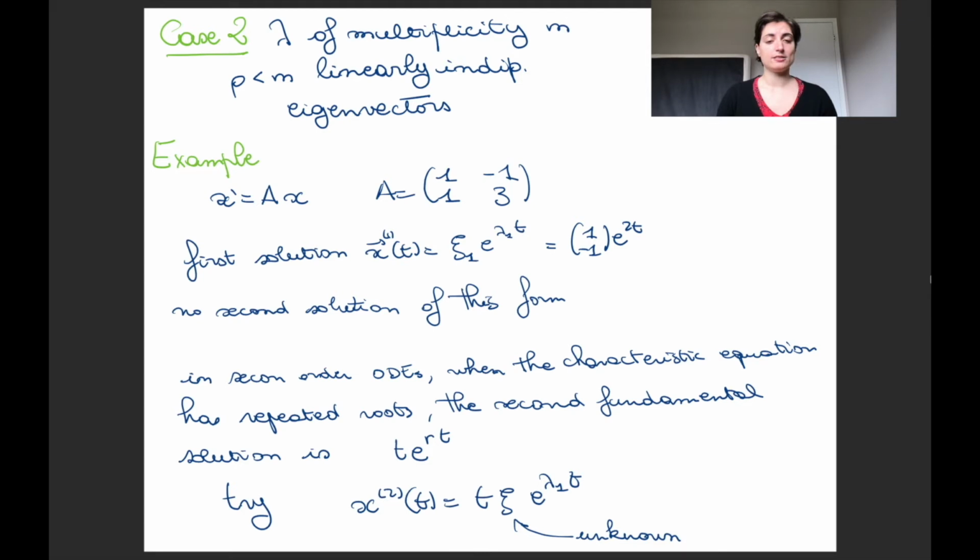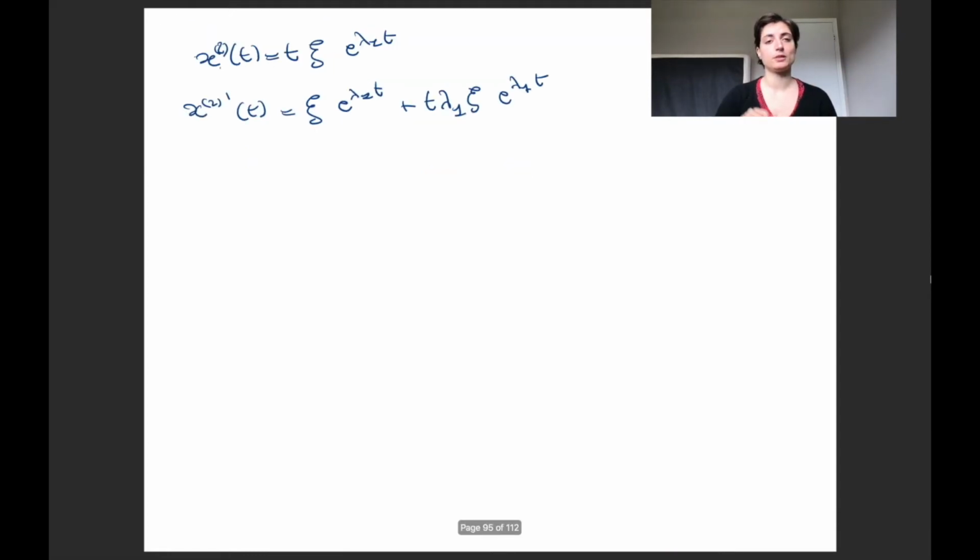So in this case, we want to try as second solution of this linear system of ODEs t times a vector times e^(lambda1 t), where we have freedom in the choice of the vector to fit unknown parameters. So x2 has t times xi times e^(lambda1 t).